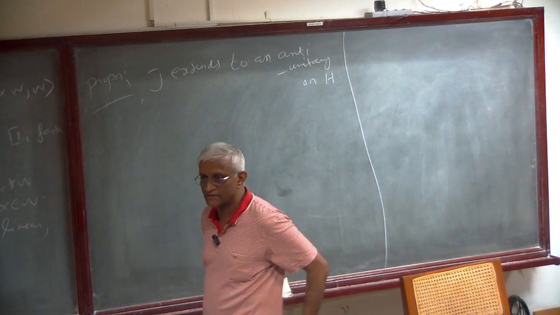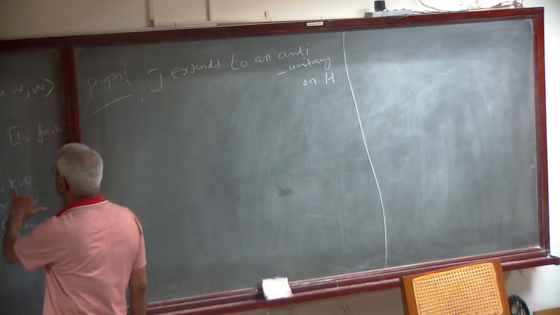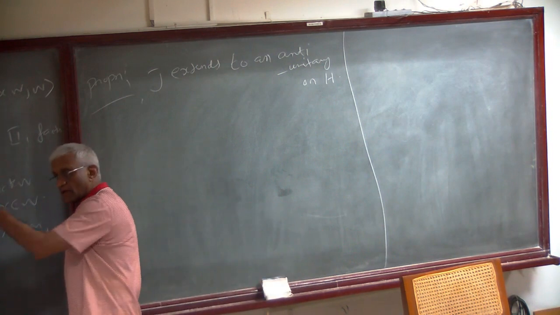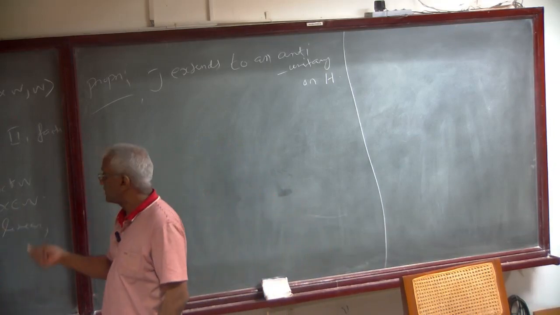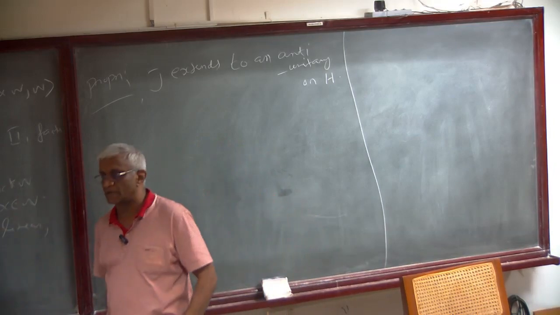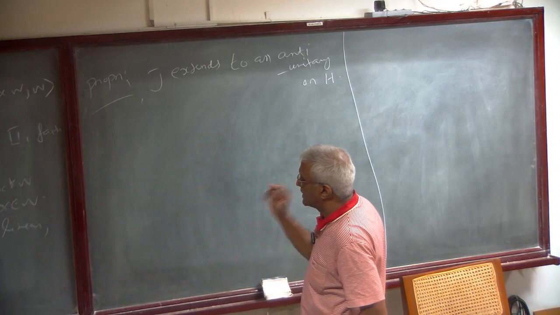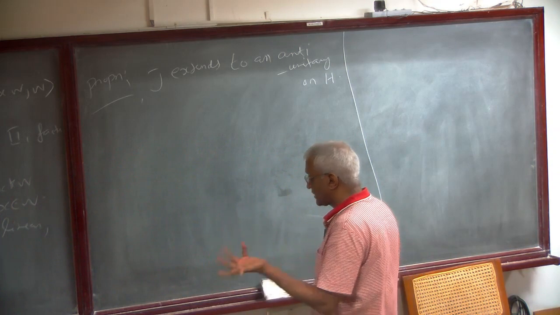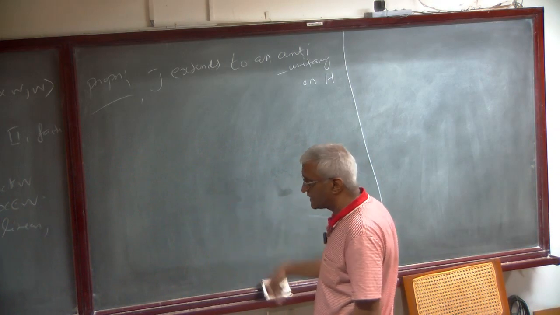This is not a unitary, this is not a linear map, it is conjugate linear. It's clear, no? If you have an x star here, if you have a lambda here, it will come as lambda bar. So this is clearly a conjugate linear map. And clearly J square equal to 1. If you take star twice, then it becomes identity, because it follows from the involution. So J square equal to 1. It's an idempotent and it's antilinear.